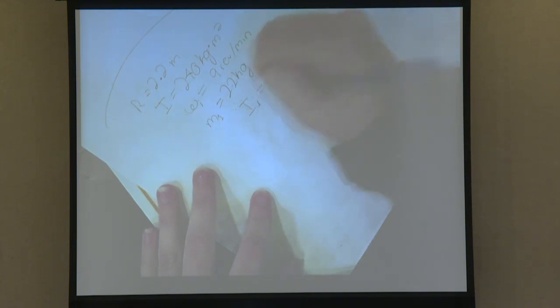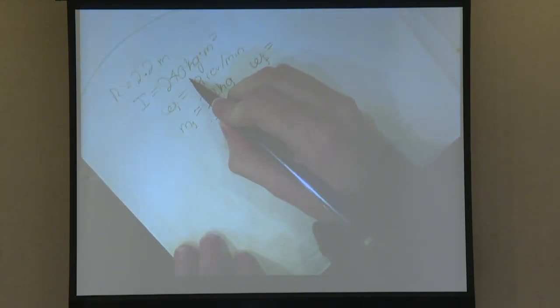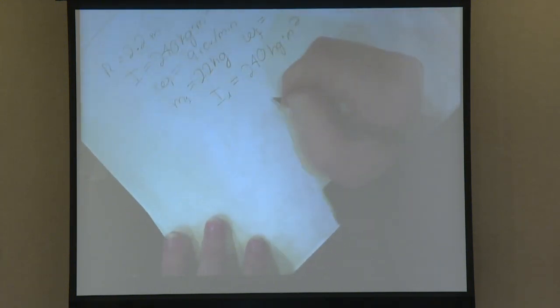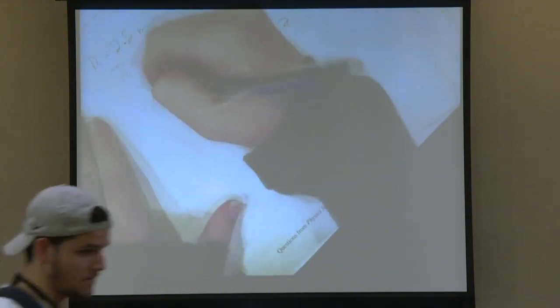This is kind of similar to the one that we were talking about with the dumbbells. In order to find the original moment of inertia, you can use the moment of inertia of the whole thing without the child on it. So that's going to be 240 kilograms times meters squared. The mass of the child is 22 kilograms.